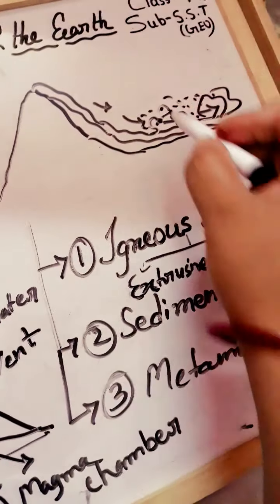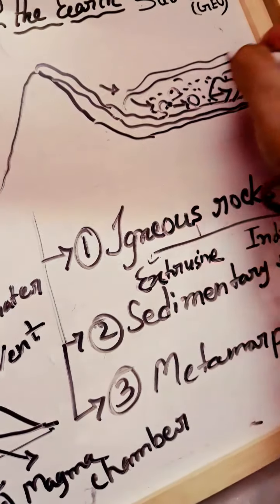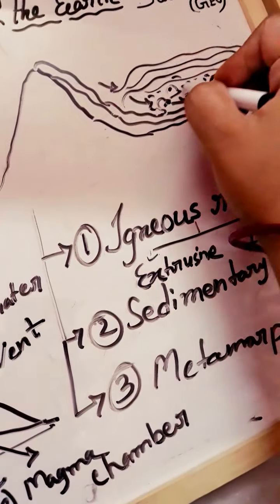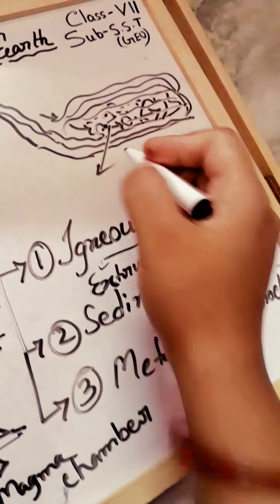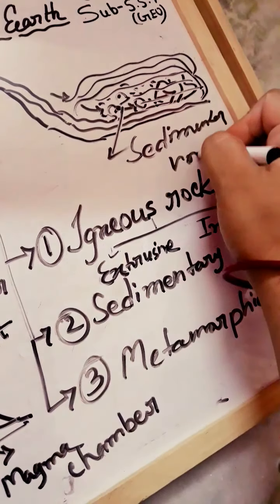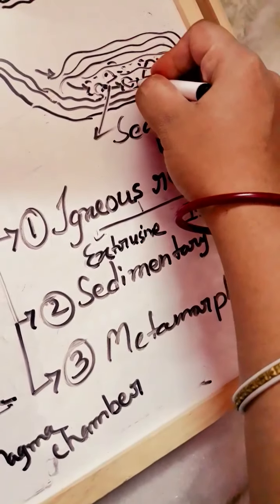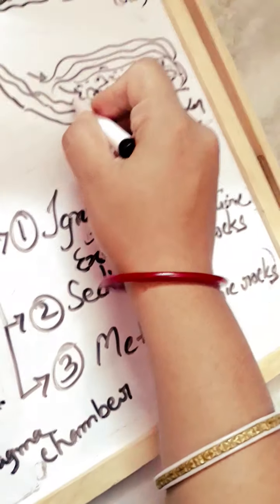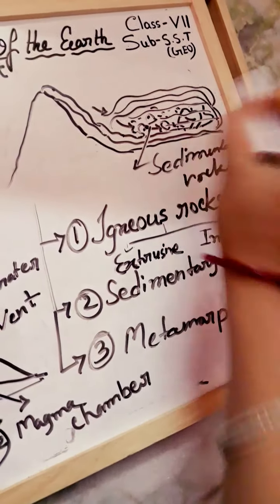materials. So when that type of thing gathers together layer by layer, after a long time it turns into sedimentary rocks, because these rocks are made up of sediments, which come from the mountainous area through the plateau area and then gather in the plain area.